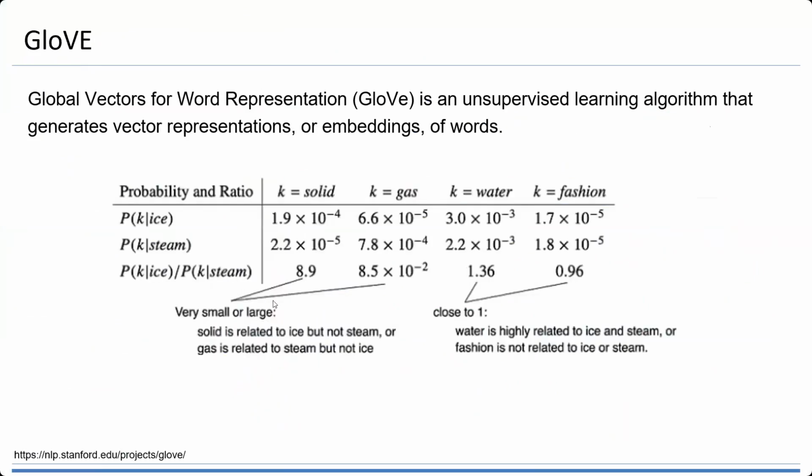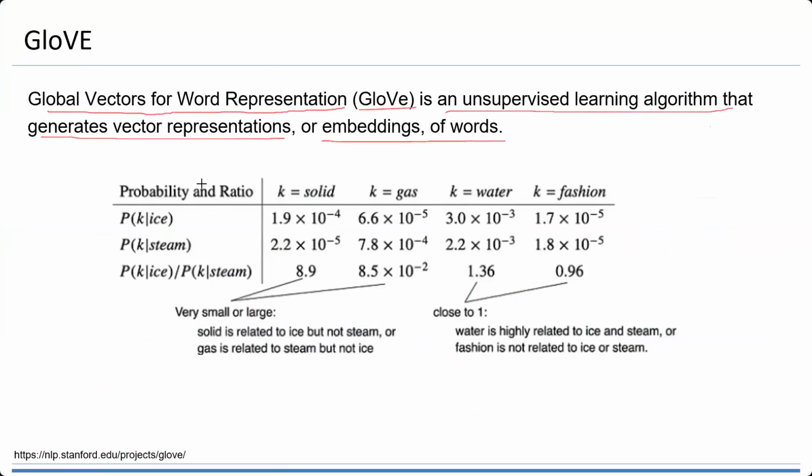There is another representation, we call it GloVe. GloVe is Global Vectors for word representation. It is an unsupervised learning algorithm that generates vector representation or embedding of words.